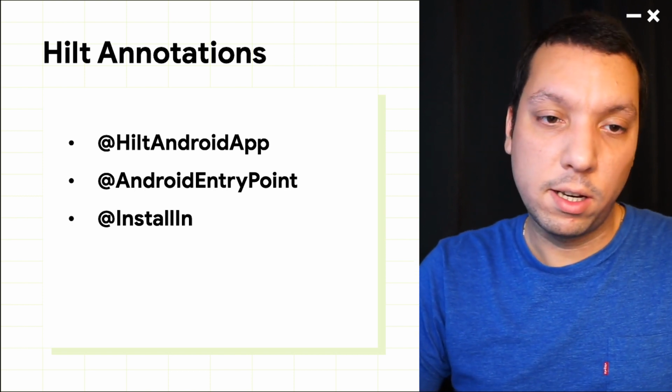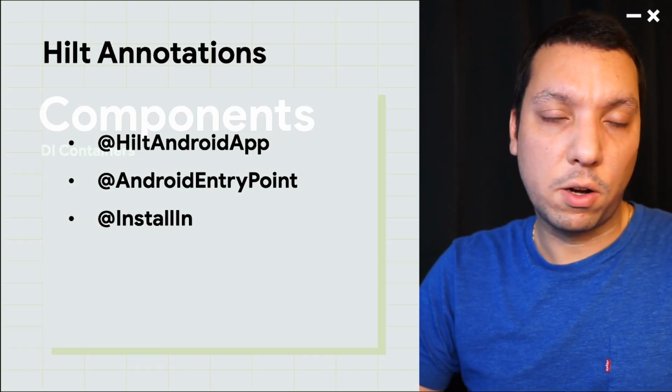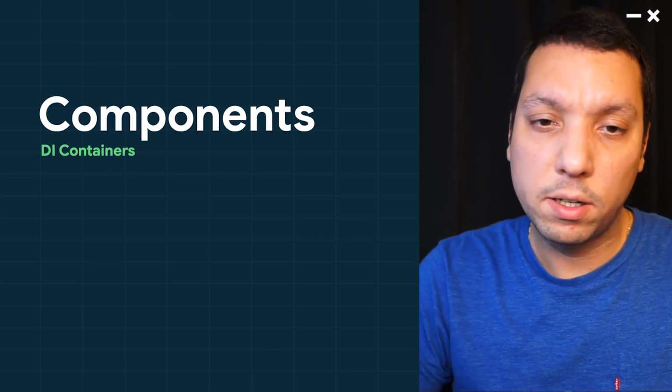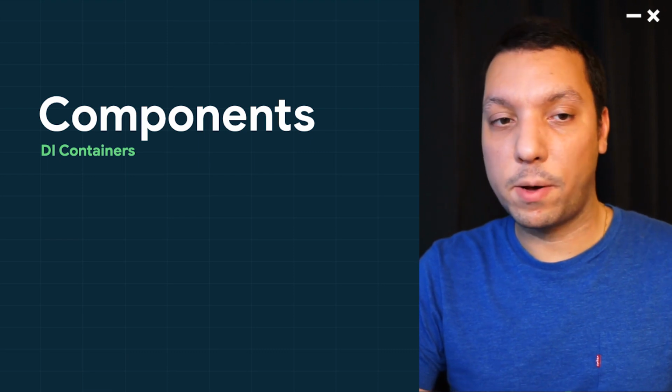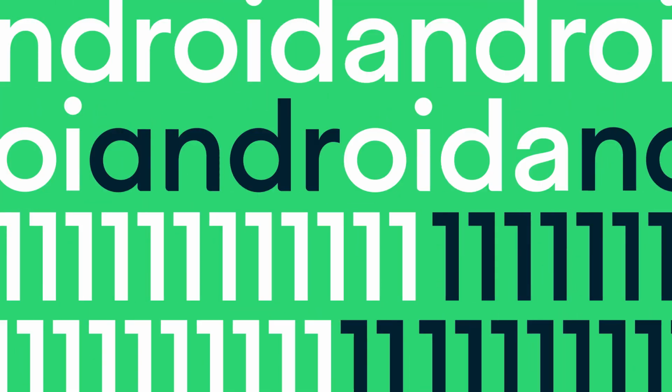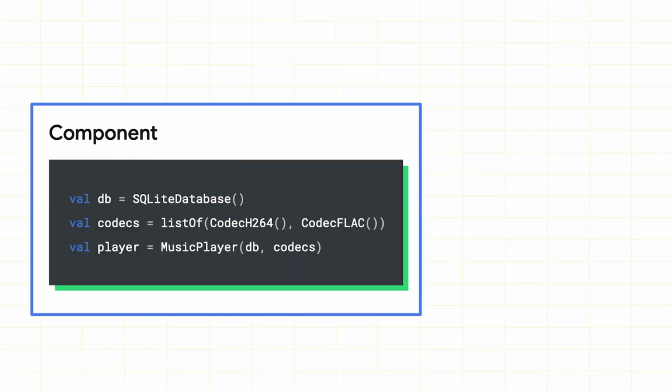We saw @InstallIn, and @InstallIn took a component. We saw ApplicationComponent, but what exactly are components? Well, I like to also think about them as DI containers, and I'll show you a bit why. Components are what Dagger defined as that glue that knows how to create your dependencies. If we go back to our original example, that music player needed a database and some code.